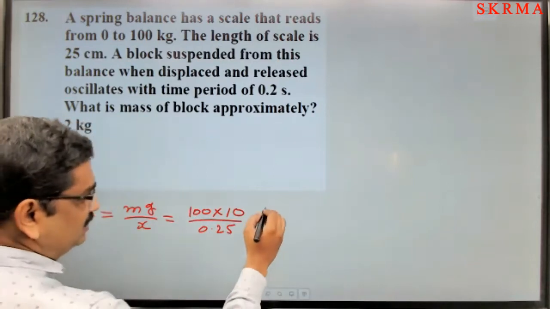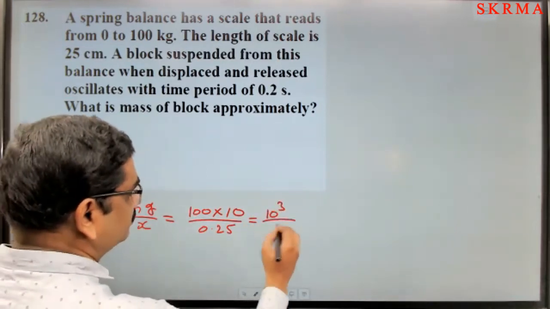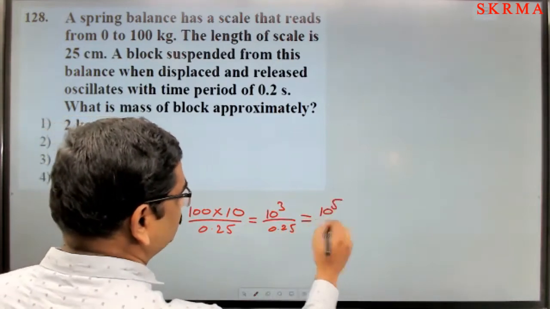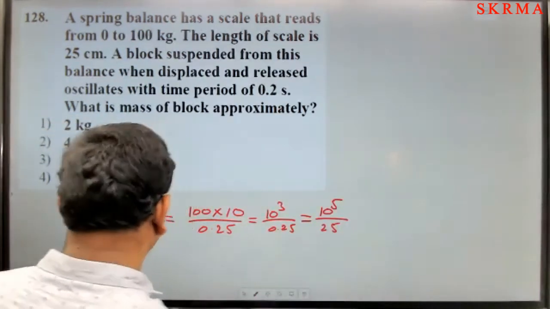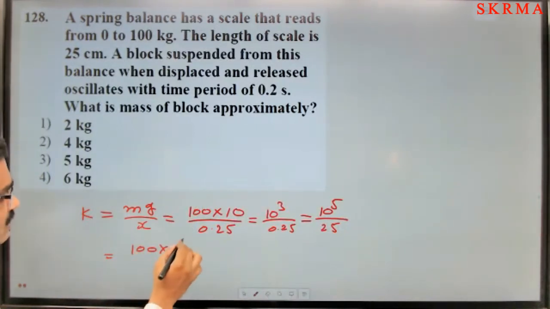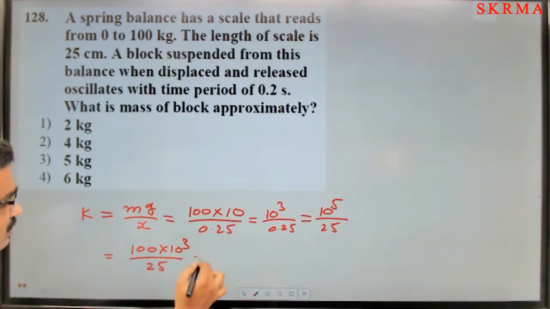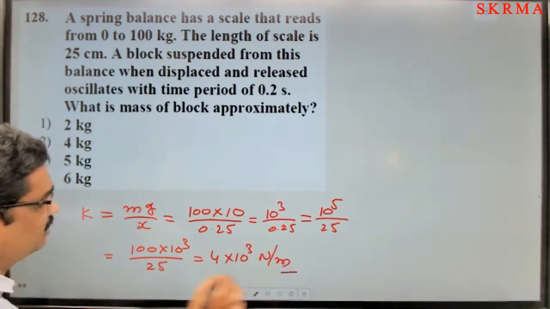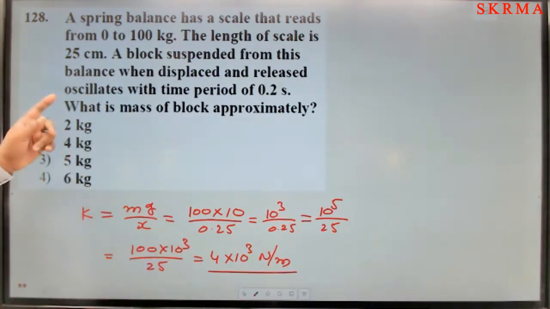So this is equal to 10 power 3 by 0.25, or 10 power 5 by 25. So how much is it? 100 into 10 power 3 by 25, that is equal to 4 into 10 power 3 Newton per meter is the spring constant. Spring constant we got.